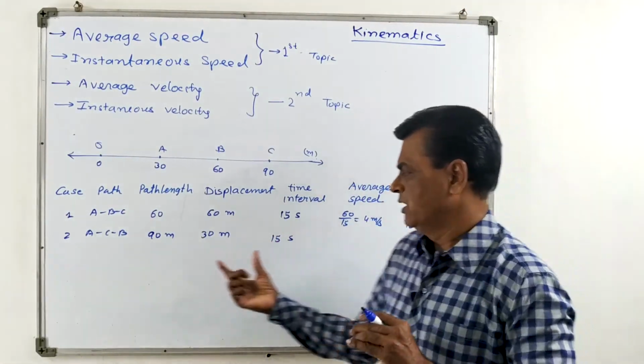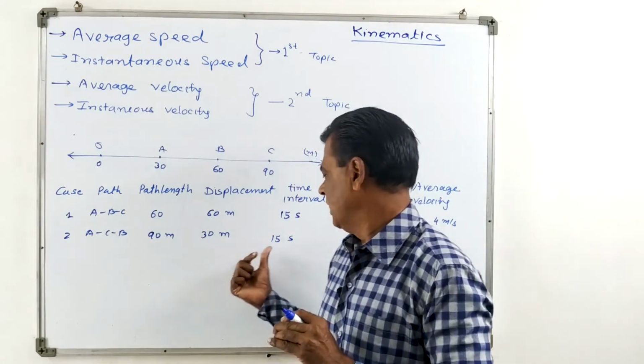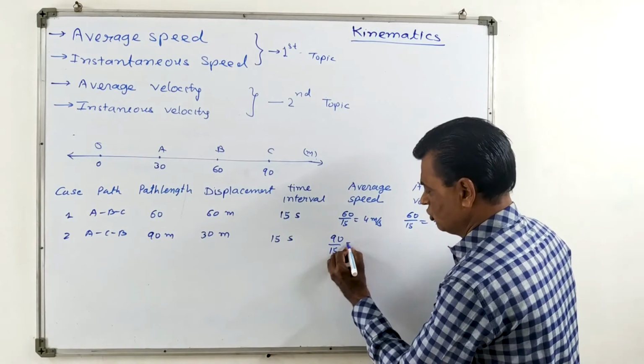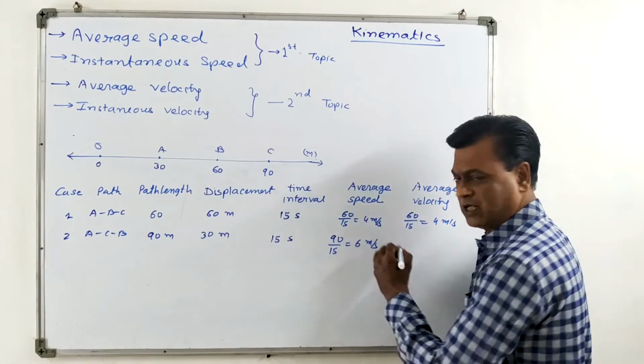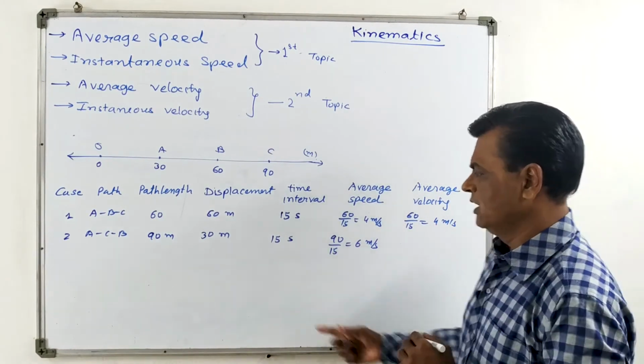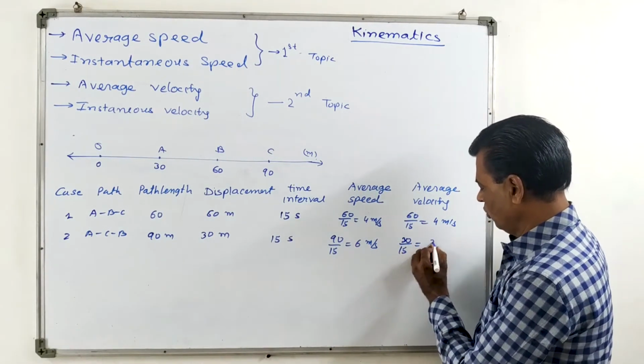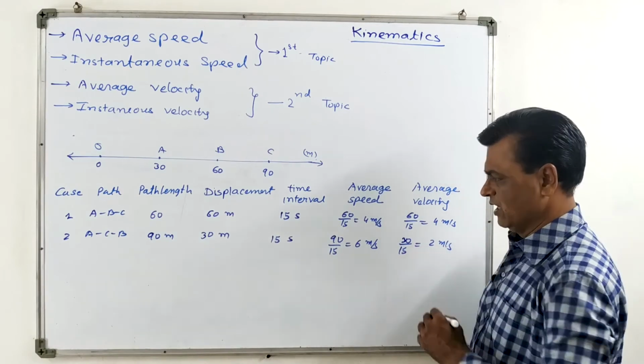So average speed is path length divided by time taken, 90 divided by 15, that is 6 meters per second. And displacement is 30, so 30 divided by 15, 2 meters per second is the average velocity.